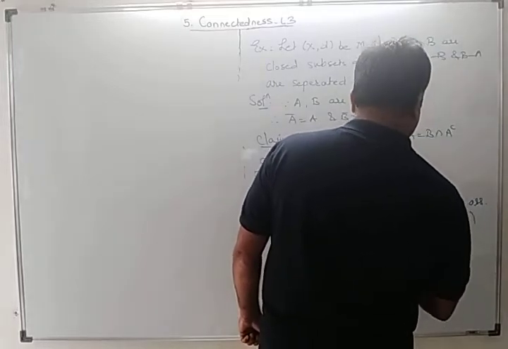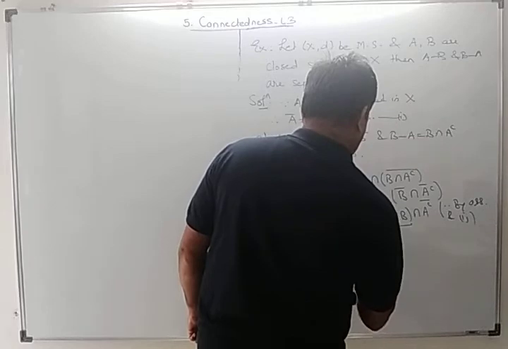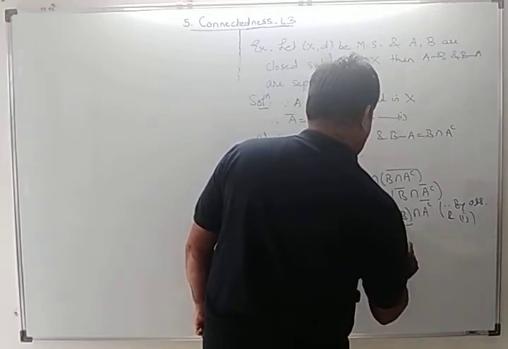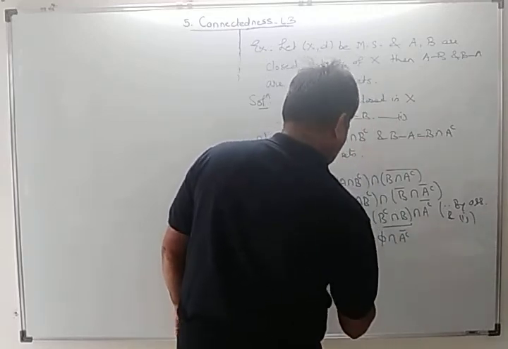Then this is your phi. So this is A intersection phi intersection A complement closure, which is equal to phi.